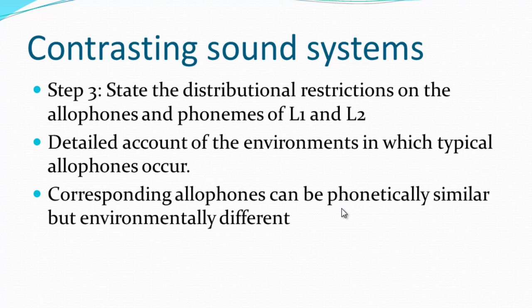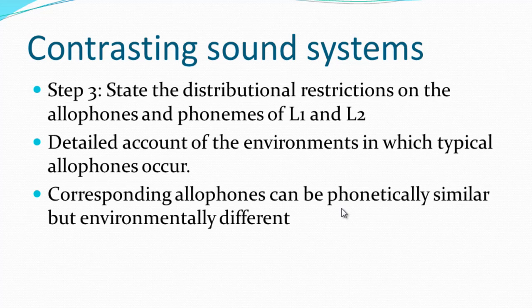Now in the last step, we state the distributional restriction on the allophones and the phonemes. It means we describe the context or the environment in which those cases of allophone distribution may occur.